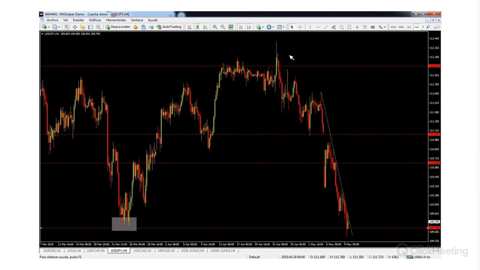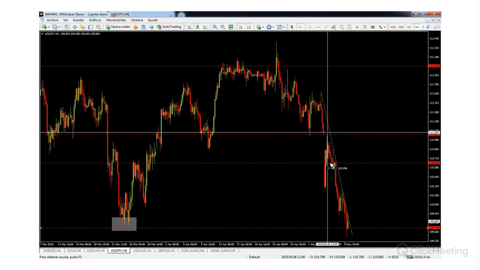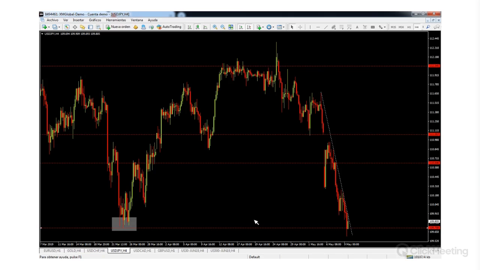We tried to break above the 112 level. We faked out and we started to move down. This weekend, President Trump started to tweet about raising tariffs on China imports, which made equities drop, and we opened with this huge gap to the downside, and the downside continued.